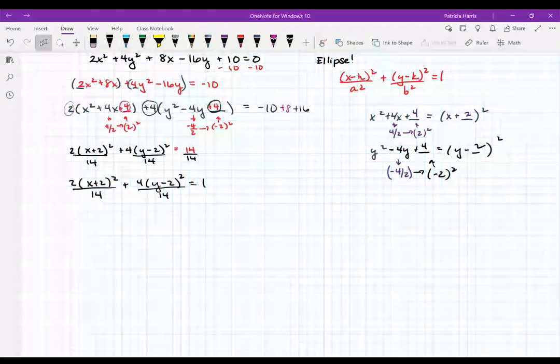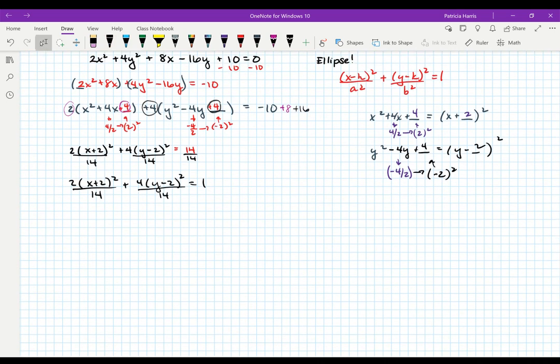Now, the biggest problem you'll notice if you look at the standard form, we don't have a number in front of the parentheses. There's no number in front of the x minus h. There's no number other than 1 in front of y minus k. So somehow we need to fix that.